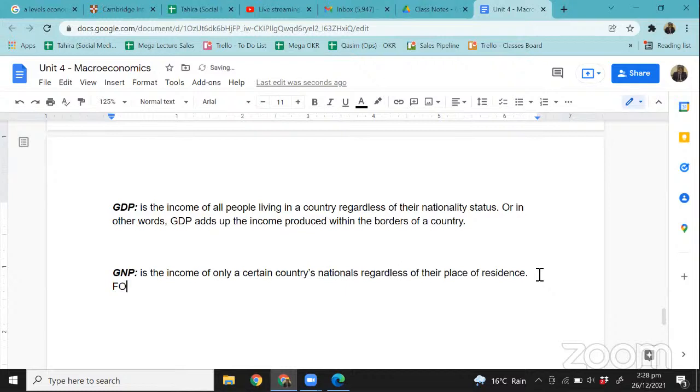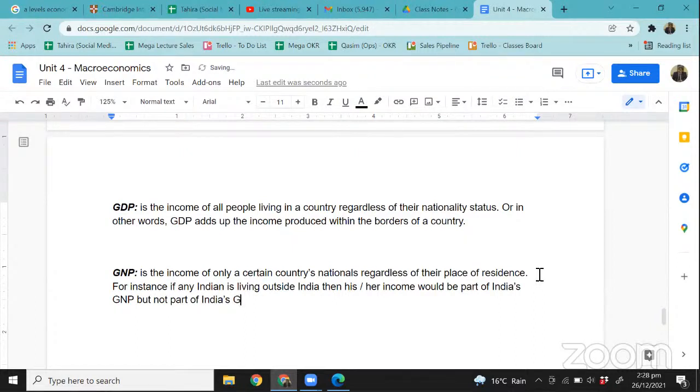For instance, if an Indian is living outside India, then his or her income is part of India's GNP, but not part of India's GDP.